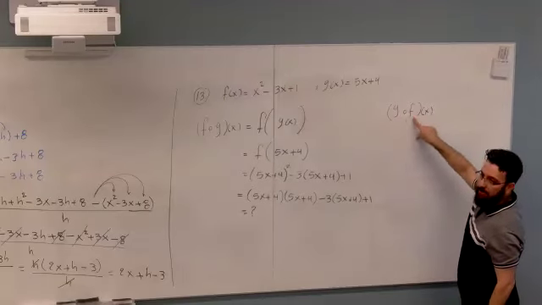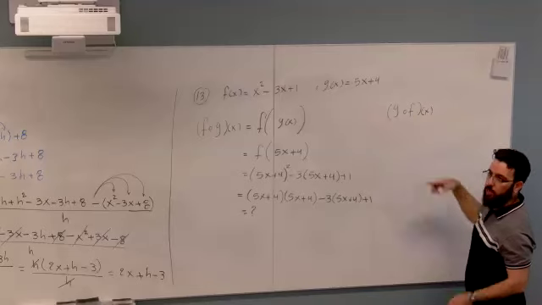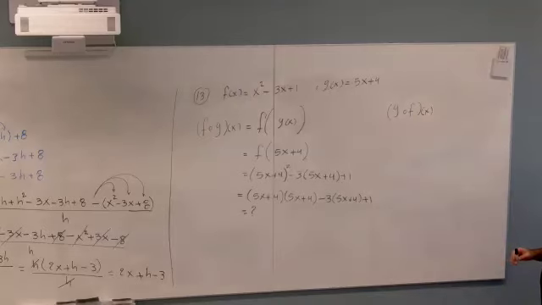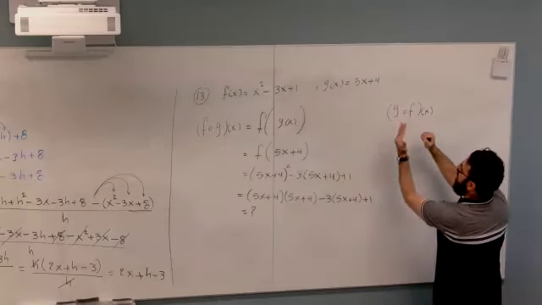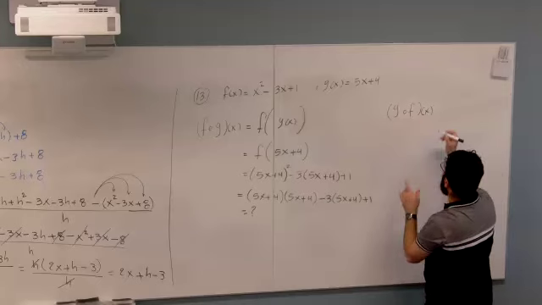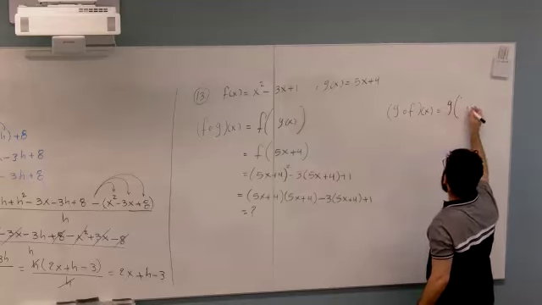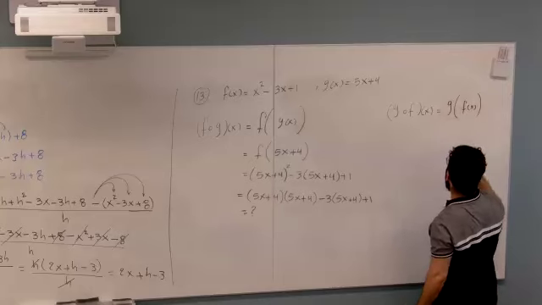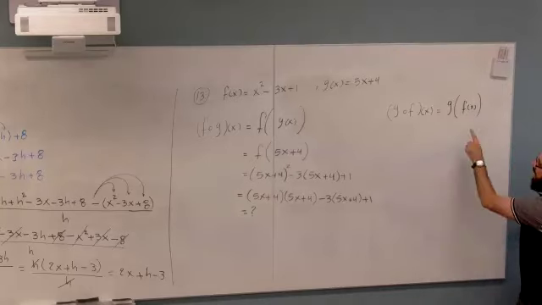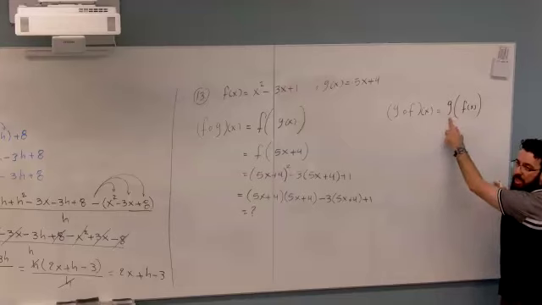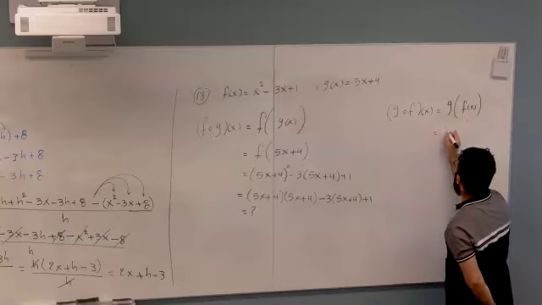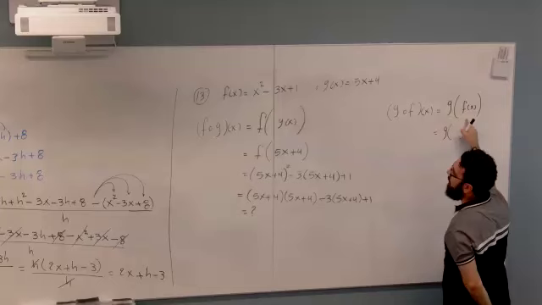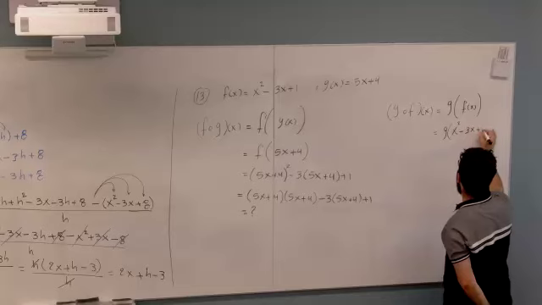G composite with F. Which one is going to be outside? G is outside and F is going to be inside G. So as a rule, G is outside and here is f of x. In each x in the G function, I'm going to plug in f of x. So here is G, and f of x is x squared minus 3x plus 1.